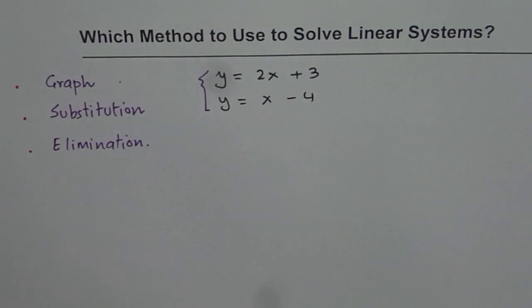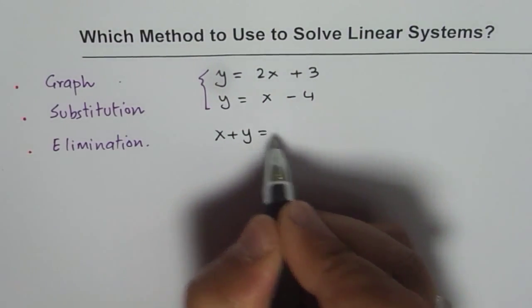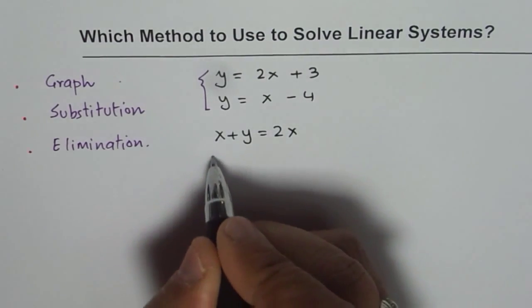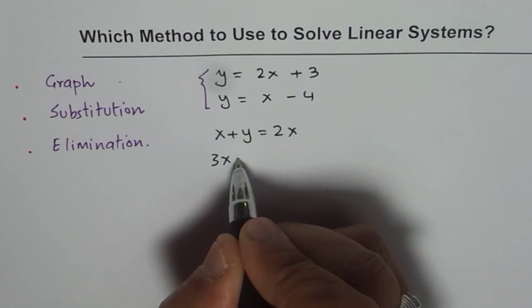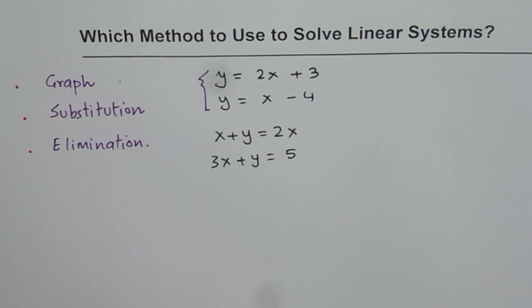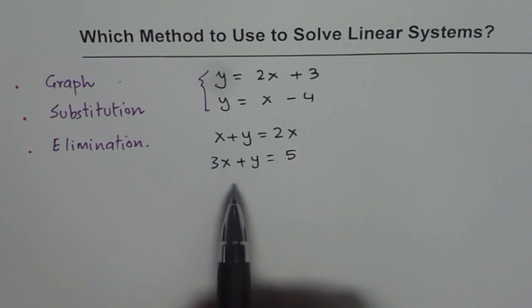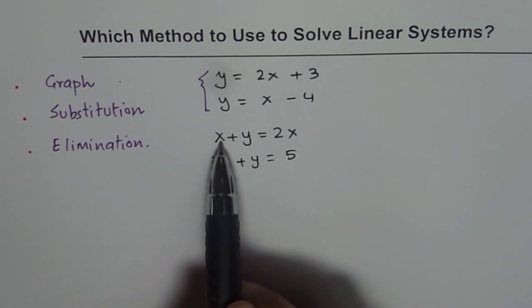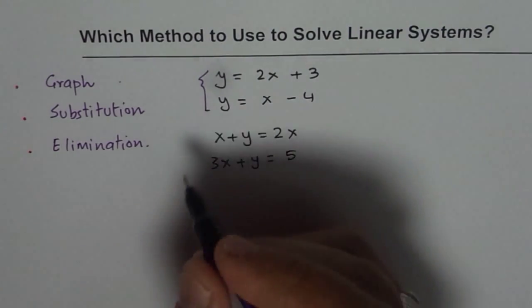Well, we could have equations like x plus y equals 2 and 3x plus y equals 5, let us say. Here we can isolate either y or x, and then also we can use the method of substitution.